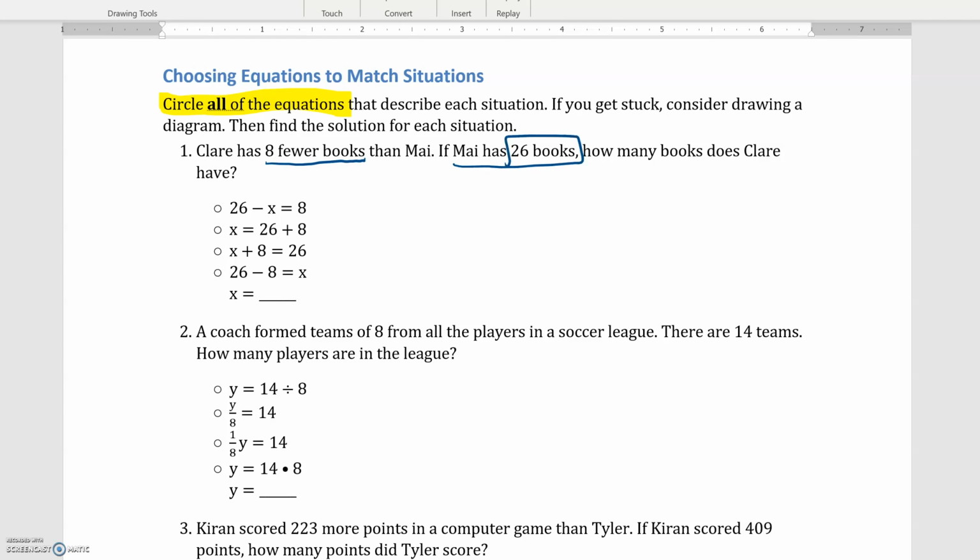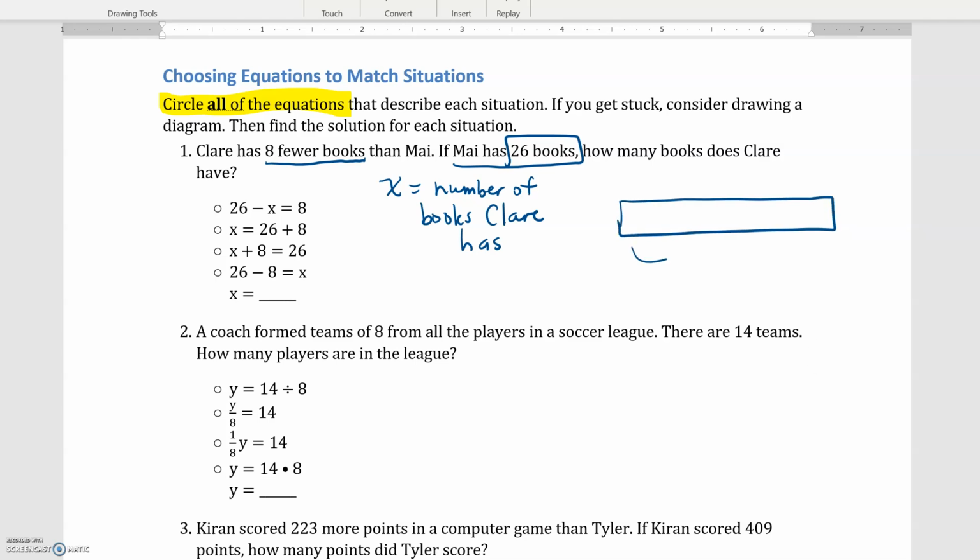My question is asking, how many books does Claire have? So I'm going to say my variable x is the number of books Claire has. That's my unknown. But I do want to unpack this problem and think, what do I know? I know Claire has less books, so Claire will be a part of the diagram.